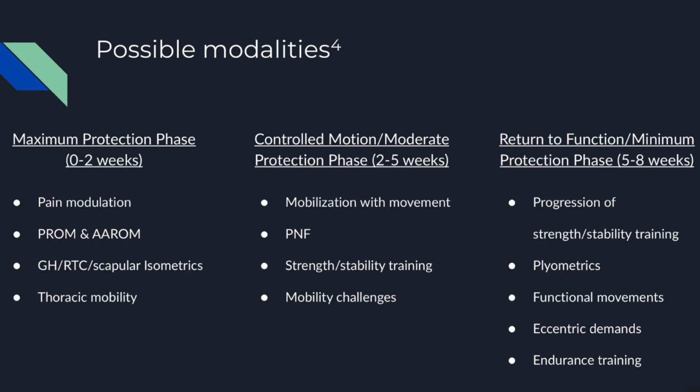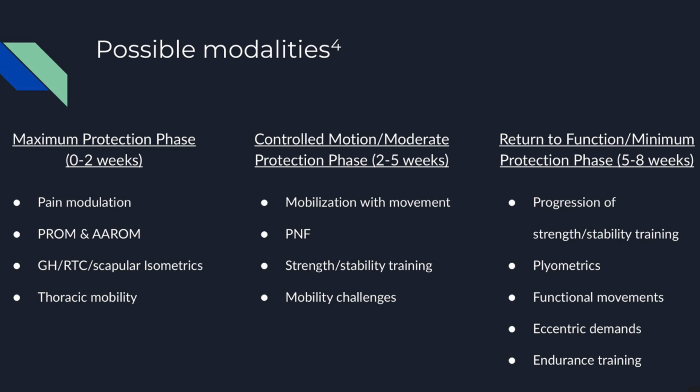So this is the rough timeline. This is very patient dependent, but in the maximum or the max protect phase, about 0 to 2 weeks, you would be doing a lot of pain modulation, passive and active assist range of motion, isometrics in multiple different planes, and working on that scapulothoracic mobility.